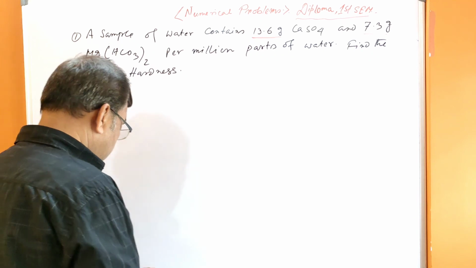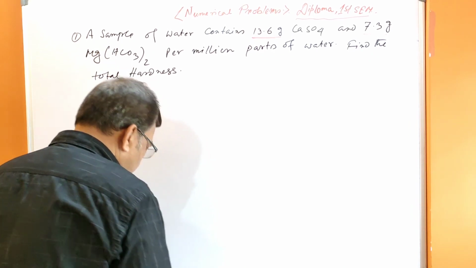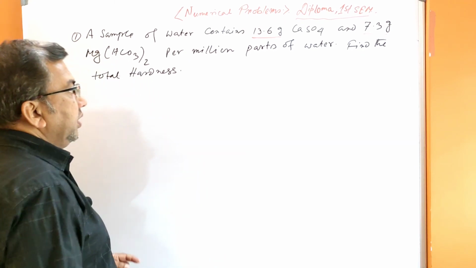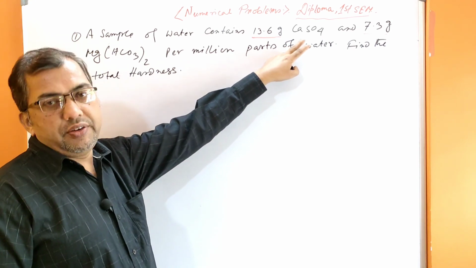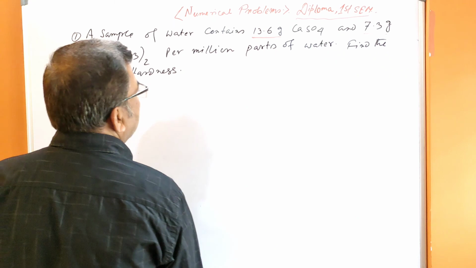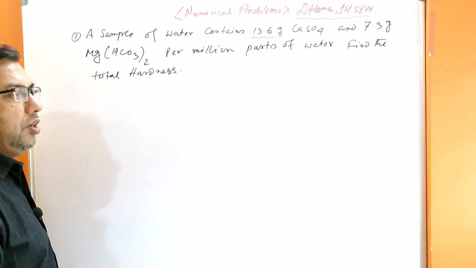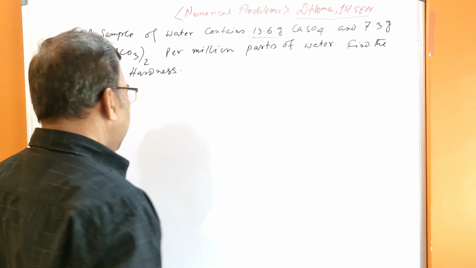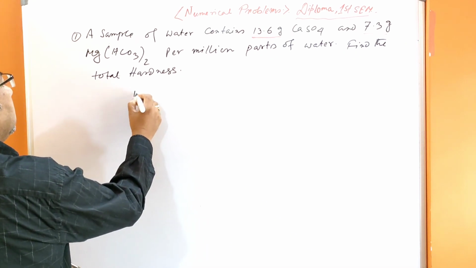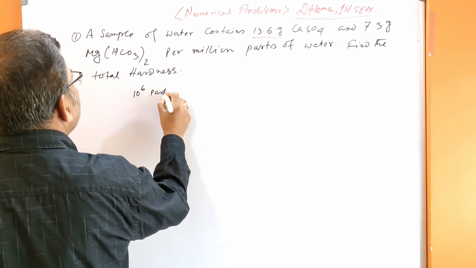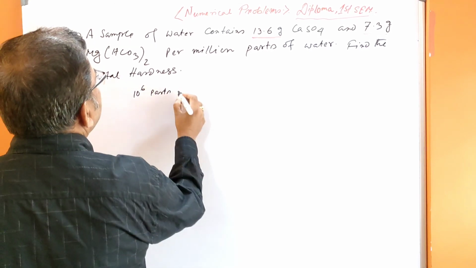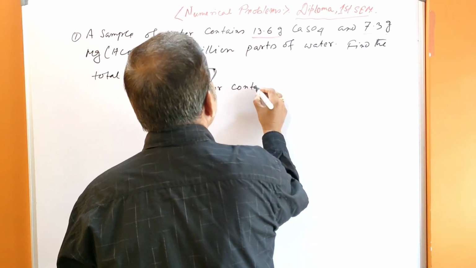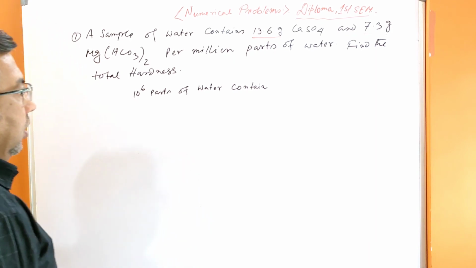You have to do this first: 10 to the power 6 parts of water contain. First you have to find out for calcium sulfate. From the previous table that I gave you, you have to find out the molecular weight and then the equivalent weight according to the calcium carbonate equivalent. So here, 10 to the power 6 parts of water contain how much? How will it come?